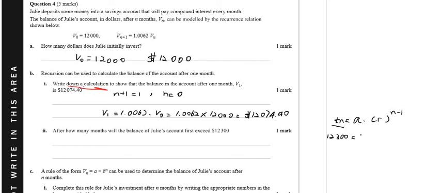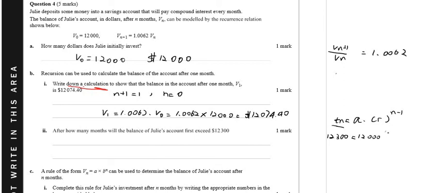My A is my starting value, V0, so that's 12,000. My r is the ratio of my second term over the first term, so it's basically Vn plus 1 over Vn, which equals 1.0062.